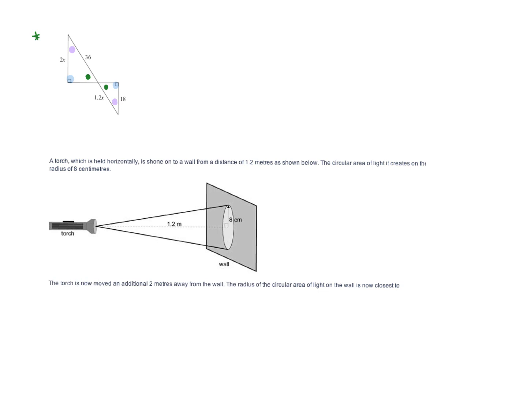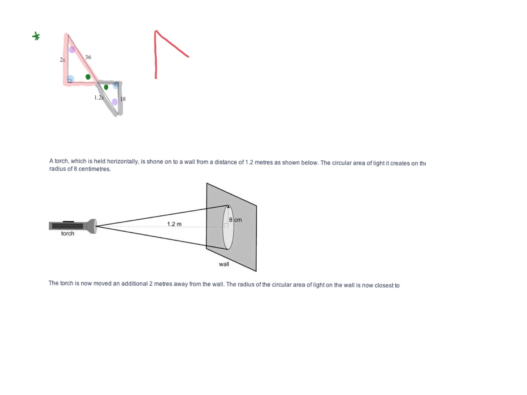So you can get two similar triangles out of this, but you need to be careful, because this triangle is similar to, say, this triangle, but we want to put them in the same way to make it easier.